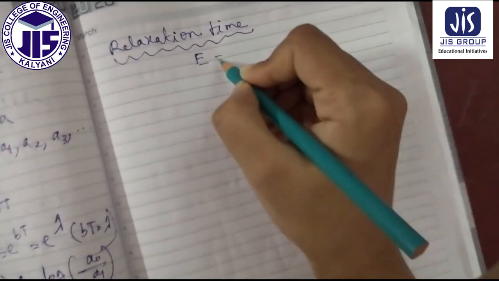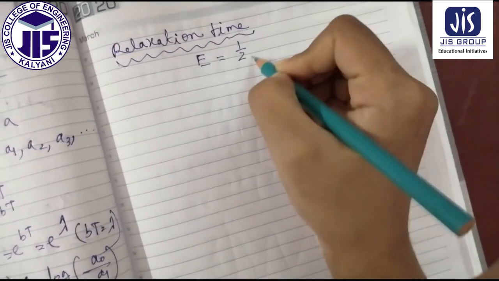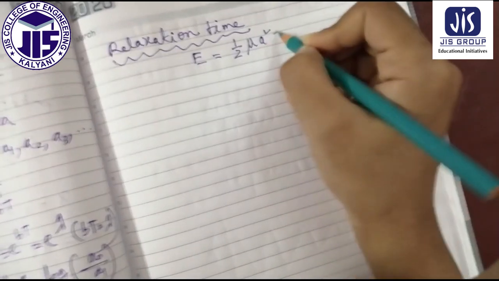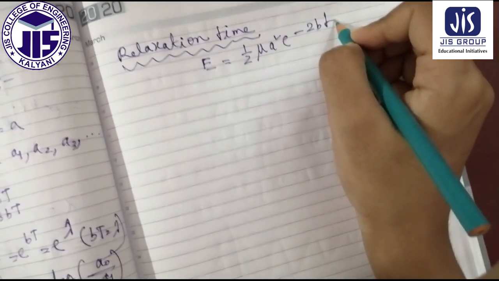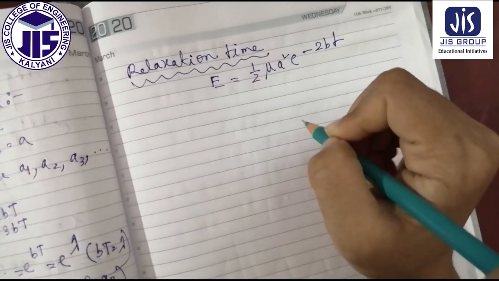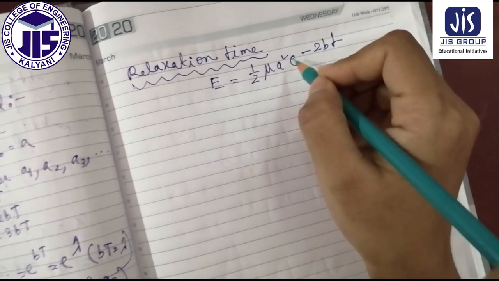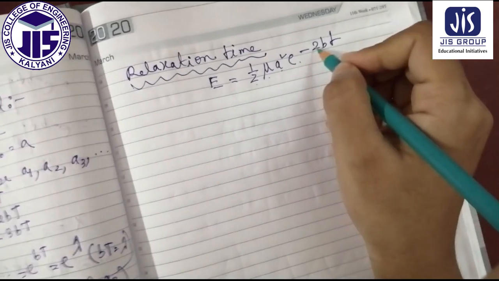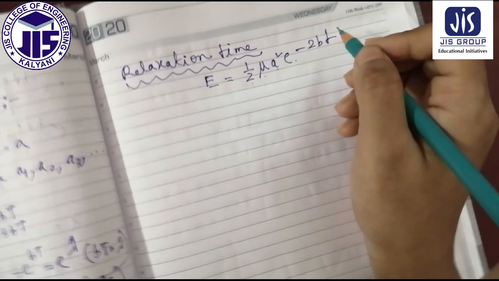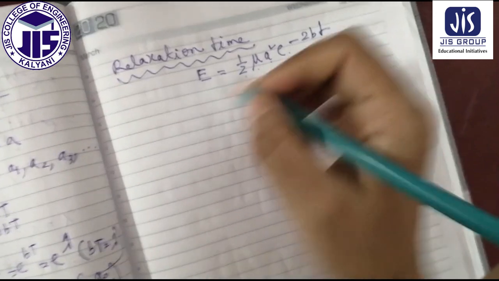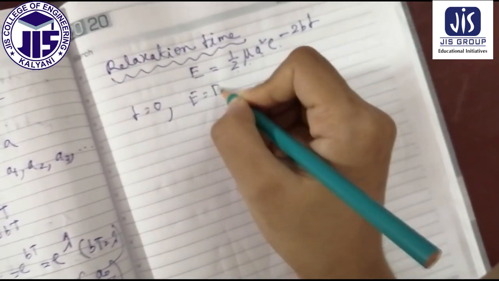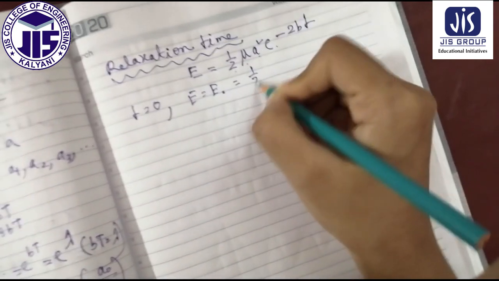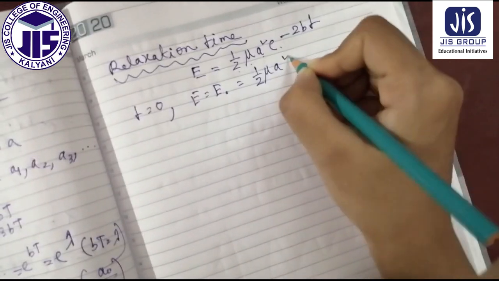The energy expression is E equal to half mu a square e to the power minus 2bt. Now at t equal to 0, E equal to E0 equal to half mu a square.